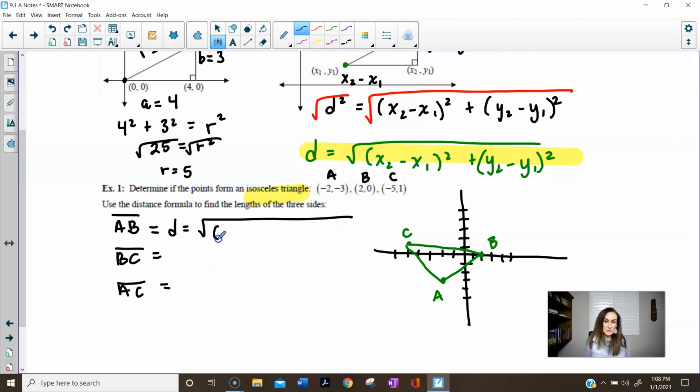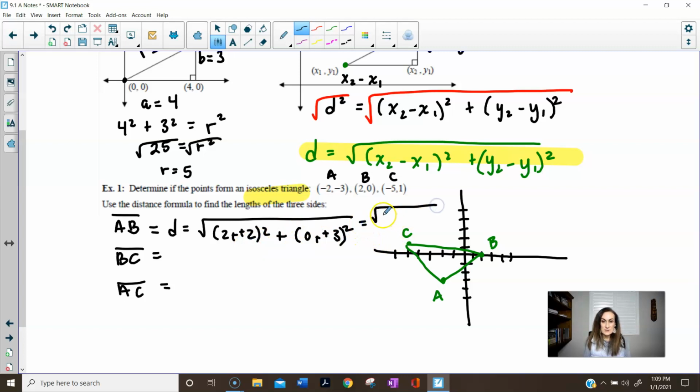So 2 subtract -2, squared, and then I have plus, and then the distance between the y values would be 0 subtract -3, squared. And so 2 plus 2 is 4, and 4 squared is 16.